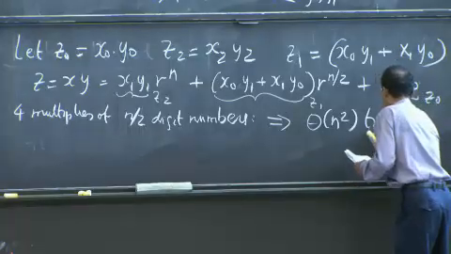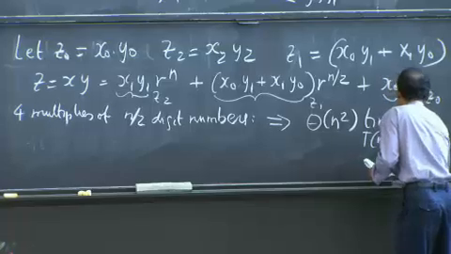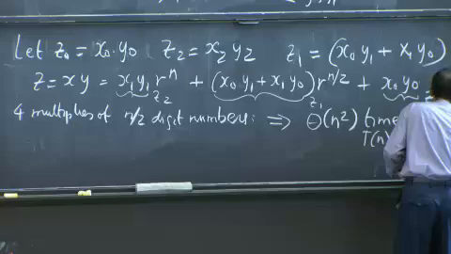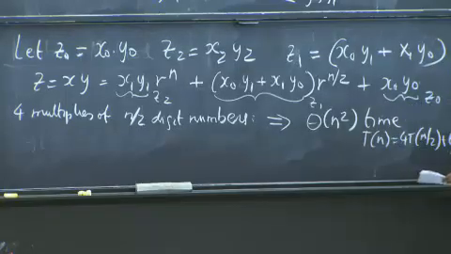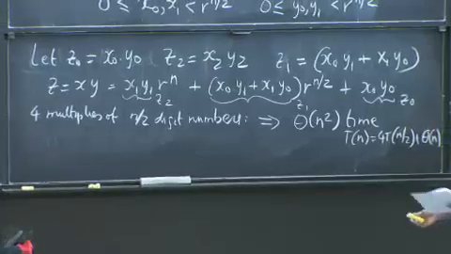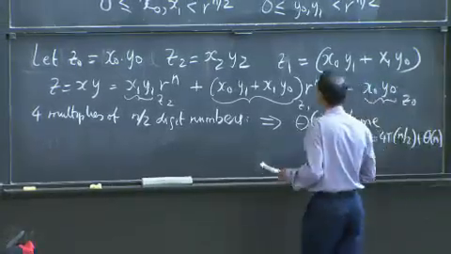So T(n) equals 4T(n over 2) plus theta n, and you're assuming that the additions here take linear time. That's how you get your theta n square algorithm.